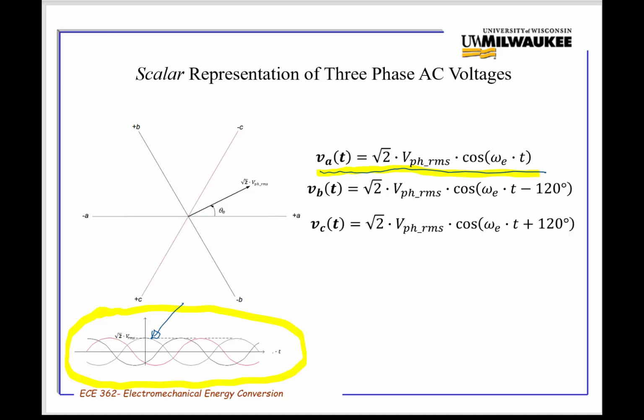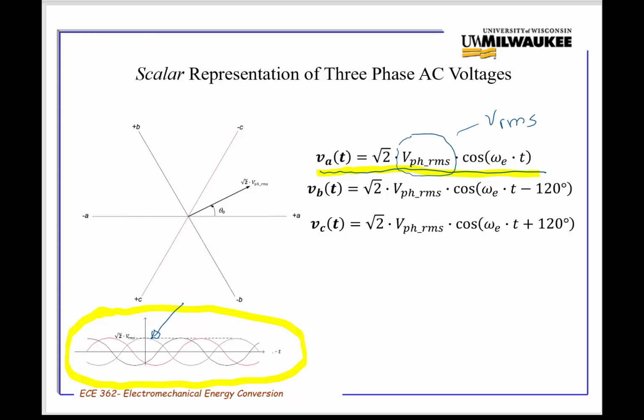And this is the exact same equation that we showed before, with one small variation. Instead of calling this, we called it before VRMS. And now I'm going to call it V phase RMS, the RMS voltage of the phase voltage, for a reason that we will make very clear as we proceed.